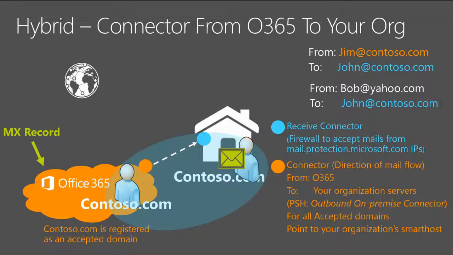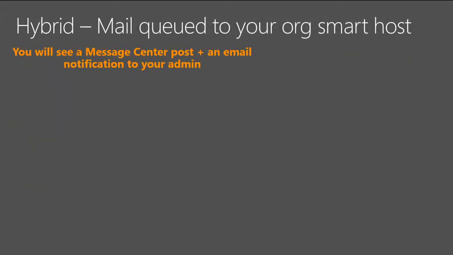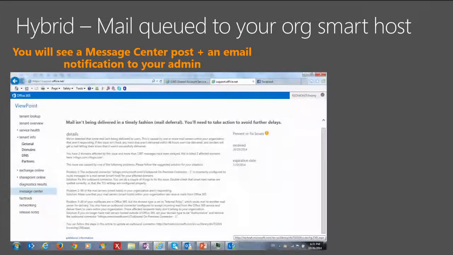When it reaches a certain threshold, we would actually post a message to your message center, in your Office 365 console, informing you that your messages are being delayed for some reason, and for you to take action.